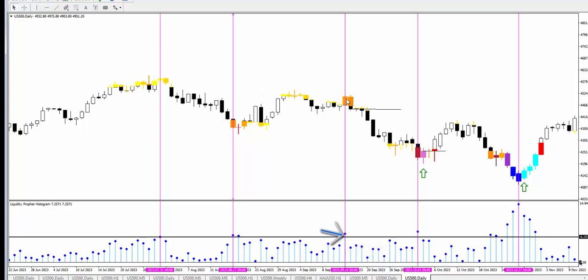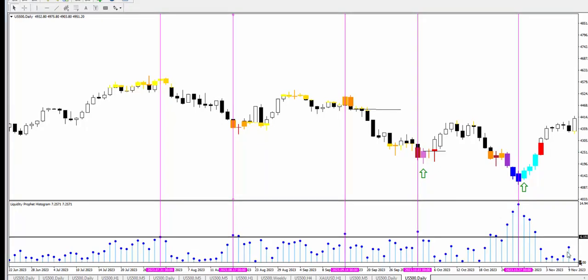And sure enough, when it did, you got the colored candles. As this market fell, you can see we get colored candles, but we don't actually get a high level of liquidity, so we don't take the trade until this one here. But the colored candles actually give you advance warning that something's going to happen. As this market moves down here, we get colored candles, but we don't get a drop in the actual liquidity histogram, so you're not looking to go long until you see that drop.